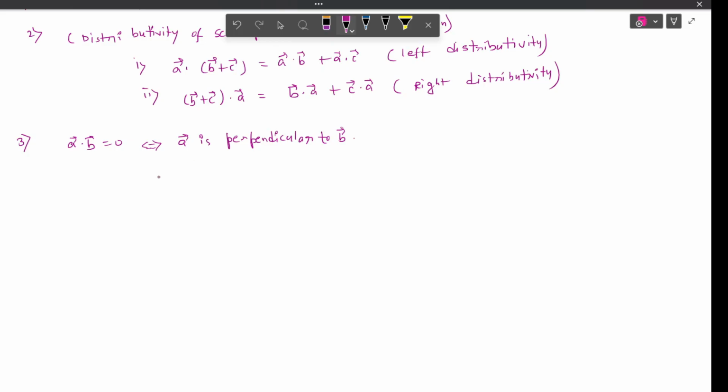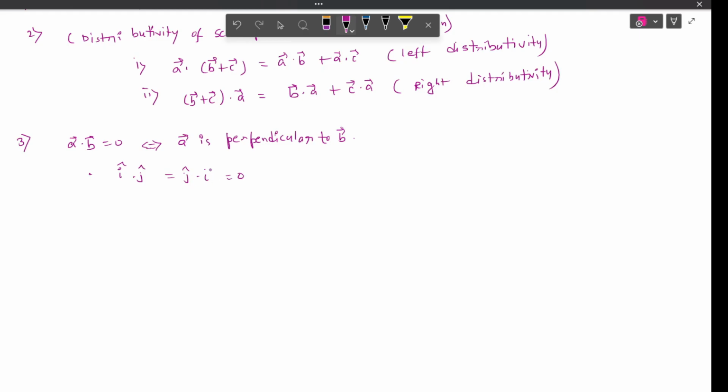Okay. Now from this we can conclude that for unit vectors, if we do i dot j, or j dot i, this should be 0, because the i unit vector is along the x axis, j is along the y axis, and x and y are perpendicular.